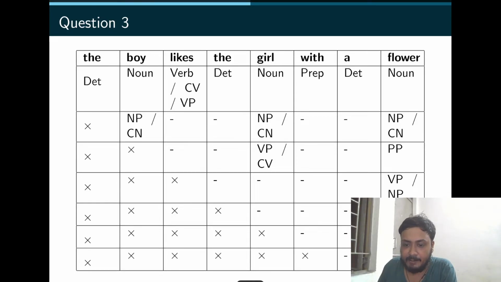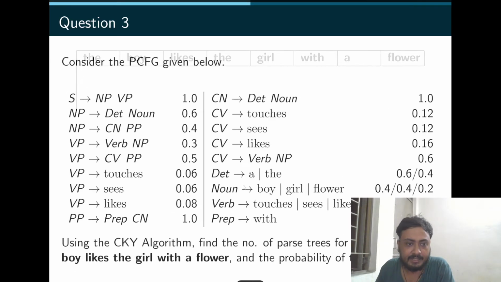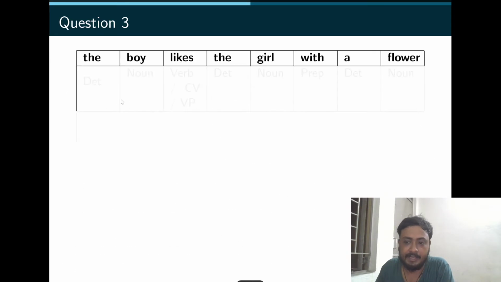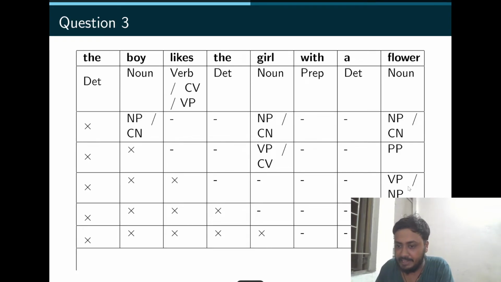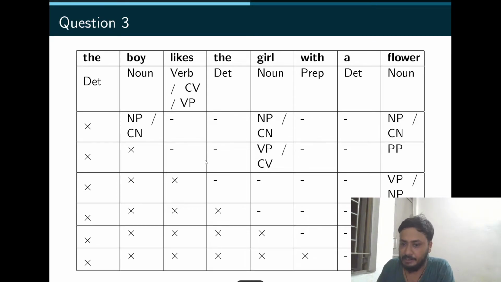Finally, in this step, we combine this box with this box. Here we have an NP or a CN over here, and we use the main rule, which is S gives NP VP. So we have got VP on the right. We got it from two different parses, but we do have VP, and we have NP over here. So we combine them to get S. This is our final objective, to get S.